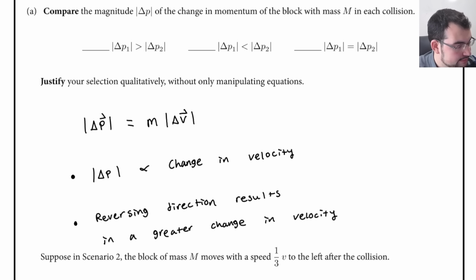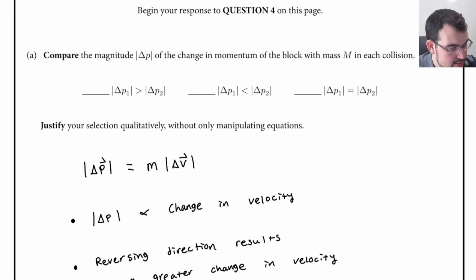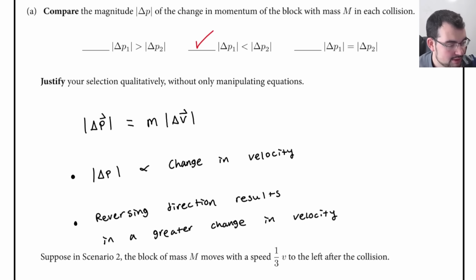You get a point for saying that the bounce has a bigger change in momentum. So that's A1. Then you get A2 for relating your momentum to the change in velocity.